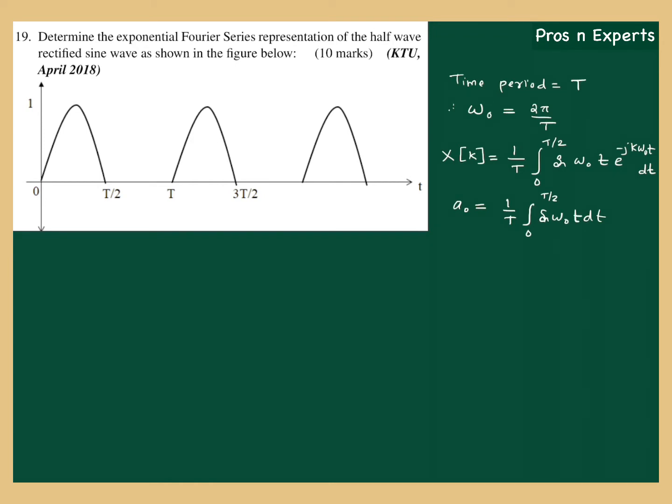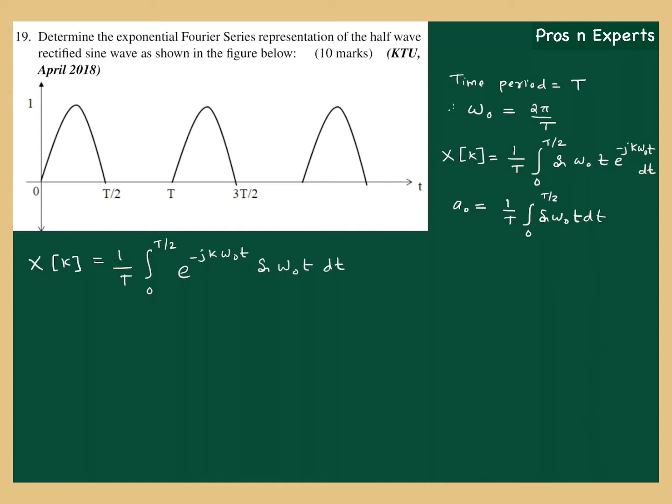So first we can start finding x of k. We can use this expression to find out the Fourier series coefficients for x of t. So x of k equals 1 by T, time period is T, integral over 0 to T by 2, e raised to minus jk omega 0 t into sine omega 0 t dt.